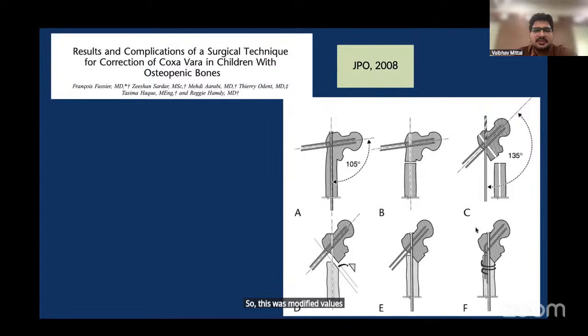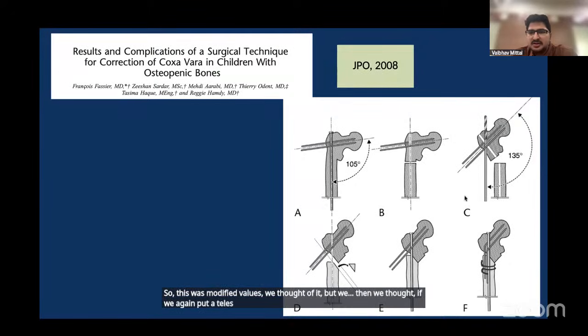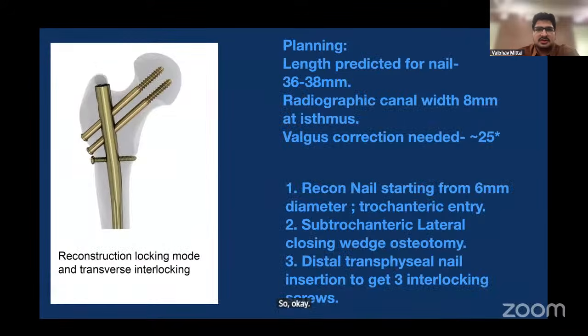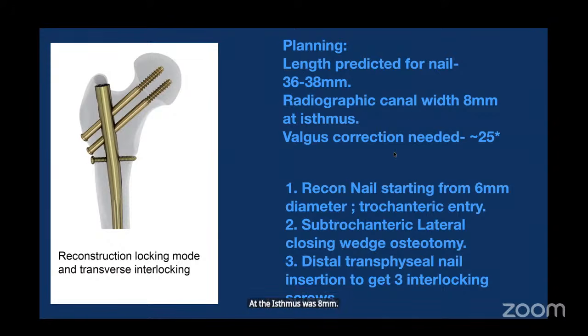We thought of it, but if we again put a telescopic nail, the child is skeletally mature, and we won't be able to get rotational stability at the distal fragment. Then we planned: the length of the femur radiologically and clinically was about 36 to 38 mm, and the radiographic canal width at the isthmus was 8 mm, and we calculated the valgus needed.